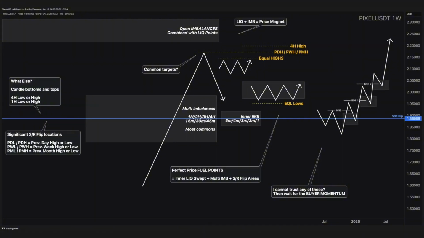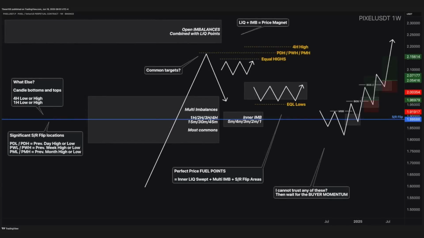Let the price go first. Let it make the first MSB, the market structure break. So the idea here is to skip the MSB and wait for the first break of structure, the BOS, and then start trading. Because this time price is more likely to hunt the targets above, this can give you more confidence and trust in the upwards momentum.